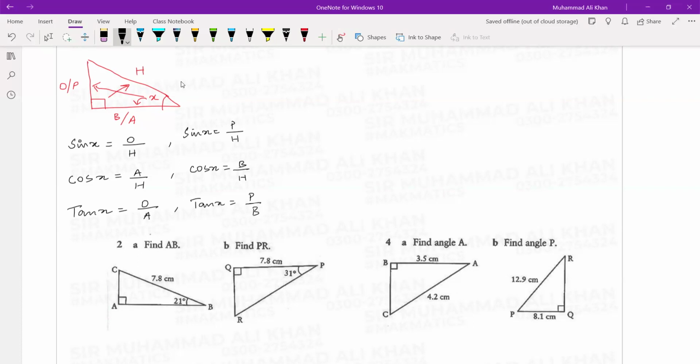We have two sentences to memorize these ratios. The first sentence is SOH CAH TOA, right? इससे हमें याद हो जाएगा कि which ratio is where, right?